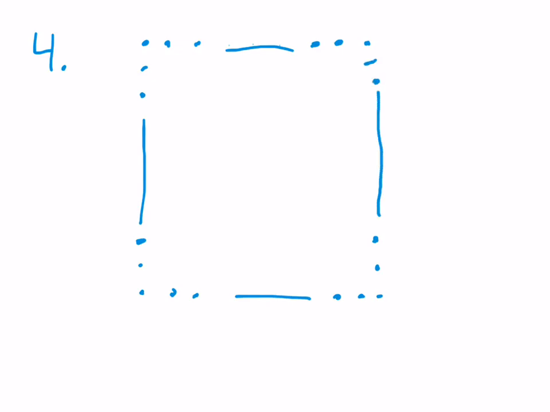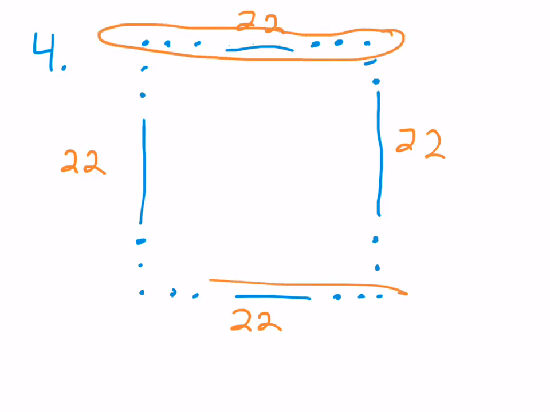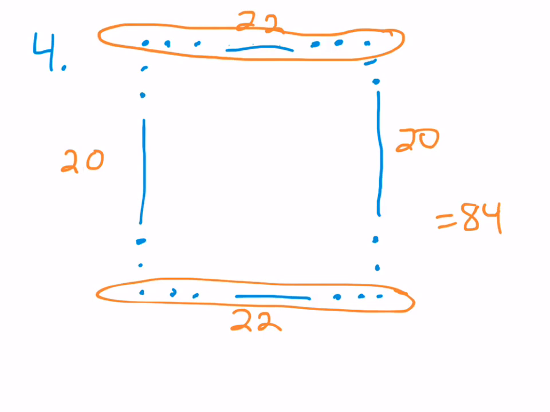All right, so we've got 22 up here, 22, 22 along each side. Okay, but we don't want to double count the corners, so maybe I should only count the corners along the top and bottom edges, and then that would mean that I now just have an additional 20 on each side squeezed in between those. All right, so let's make sure if you add all of those up, then you can confirm that that equals 84. All right, so that'd be one thing you can do to look back.